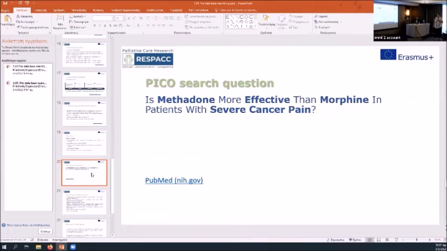If we go now to our question, is methadone more effective than morphine in severe cancer pain? You can see here we already have somehow in the question the key search terms. So it's definitely methadone, it's definitely about effectiveness, it's definitely the comparator, and it's definitely the population type.